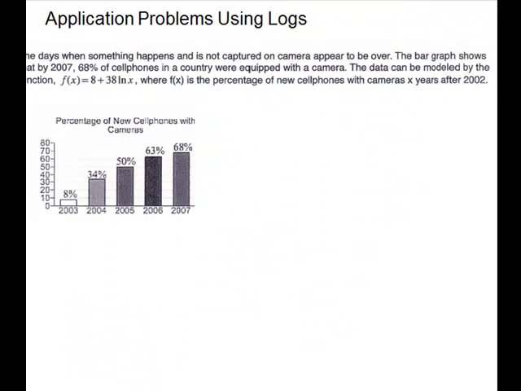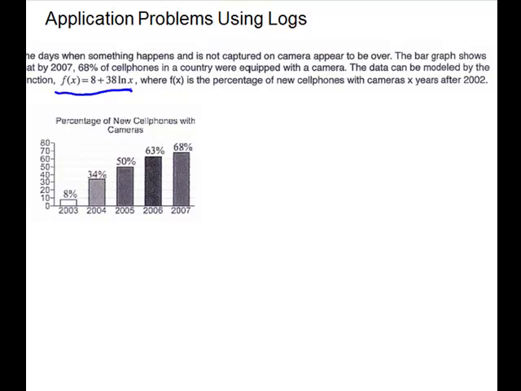Here's another application problem. This one is from my math lab. It says the days when something happens and is not captured on camera appear to be over. The bar graph shows that by 2007, 68% of cell phones in a country were equipped with a camera. The data can be modeled by this function, f of x equals 8 plus 38 times the natural log of x.